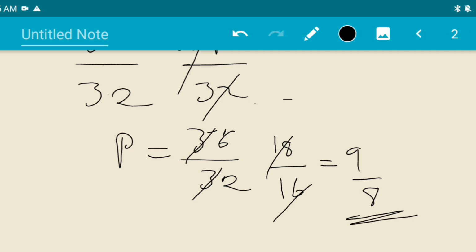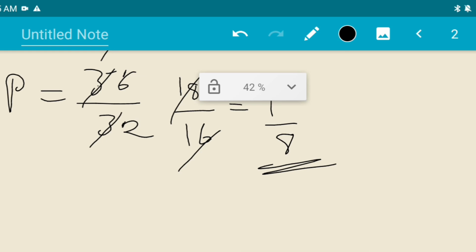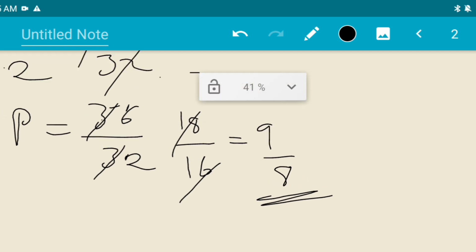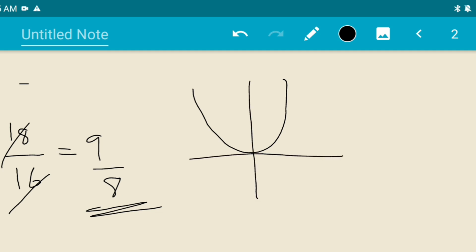So yeah, that is the final answer. That is the distance from the vertex to the point p, which is the foci. So it looks something like this, where p is what we found.